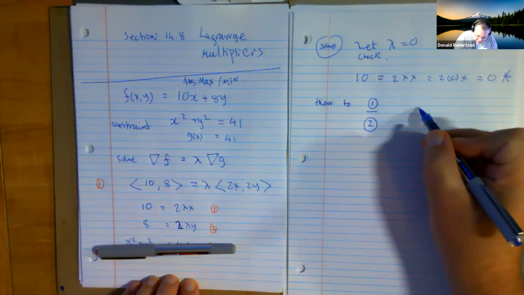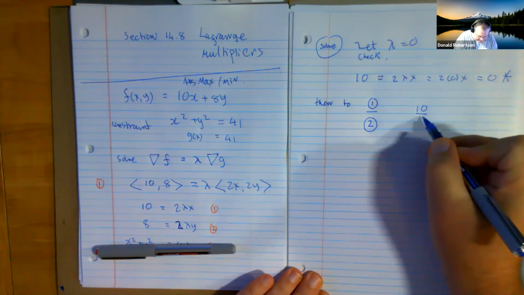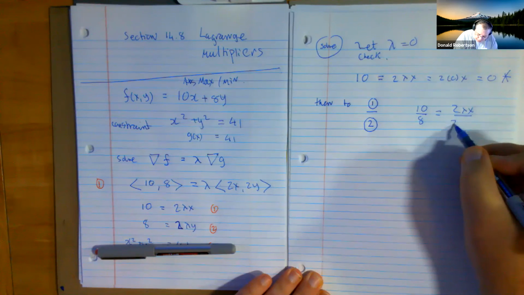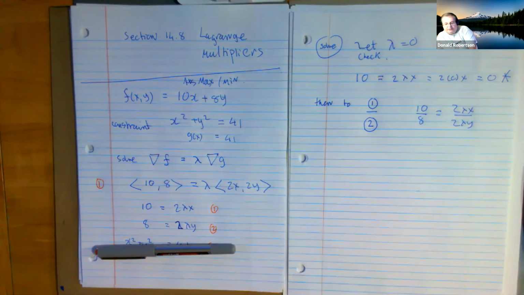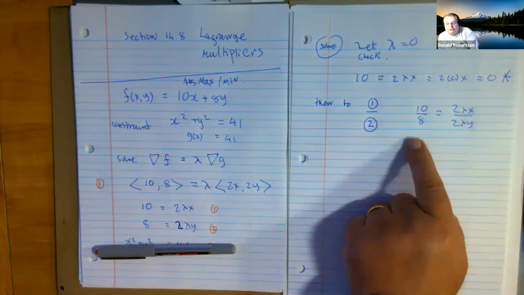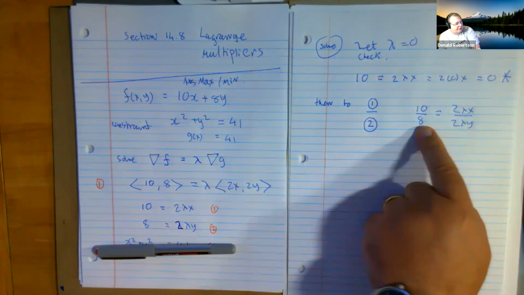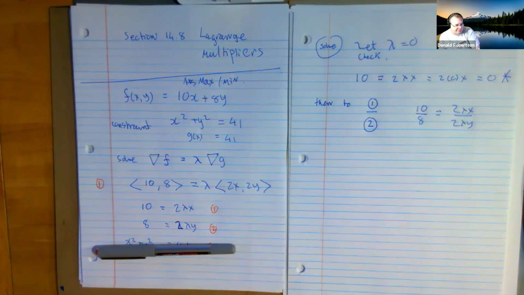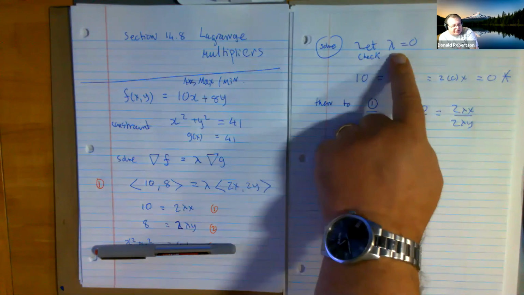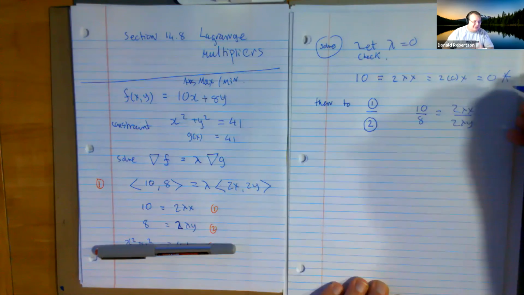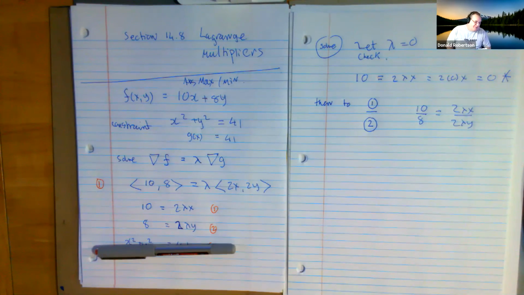So basically you go 10 over 8 is 2 lambda x over 2 lambda y. Now, normally in mathematics, that's a very dangerous thing to do. Why? If one of these was 0, wouldn't that not be true anymore? But the lambda equals 0 has been checked, so we know that lambda isn't 0, right? So that's why we do the lambda 0 check as well.